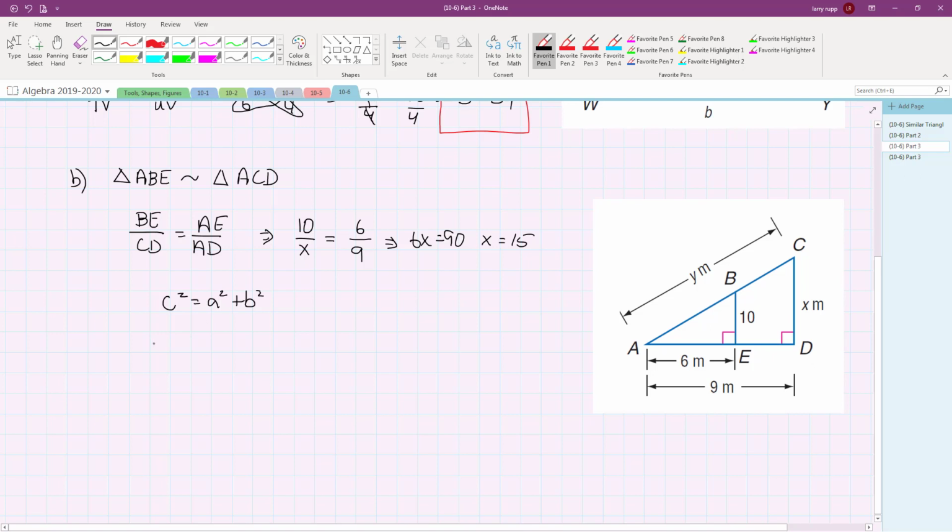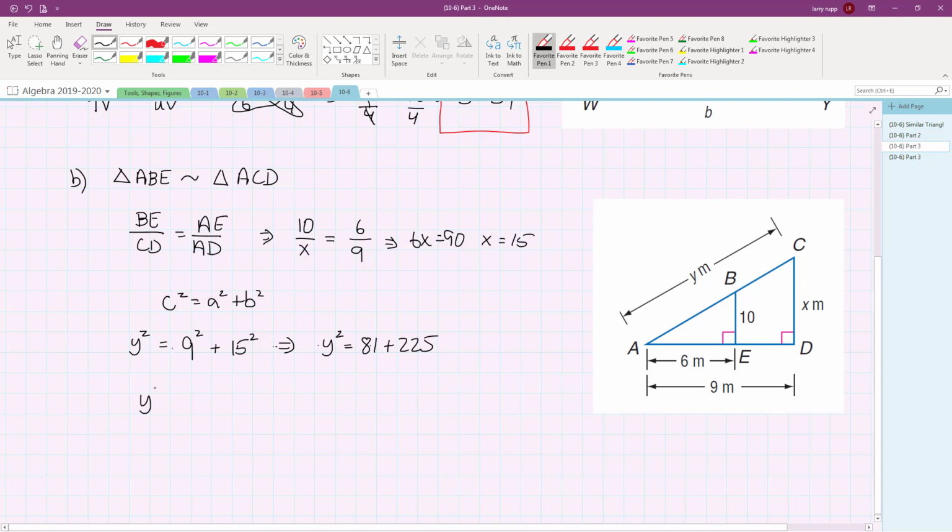What if we did this? Y squared is equal to a squared, we'll let that be 9 squared, plus b, which is the x that we just found, 15 squared. Okay, this becomes y squared is equal to 81 plus 225.